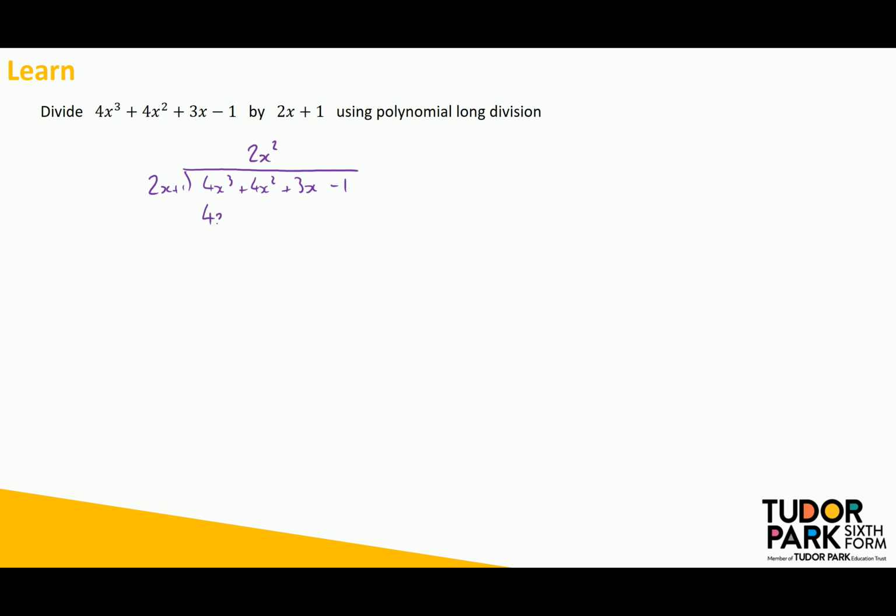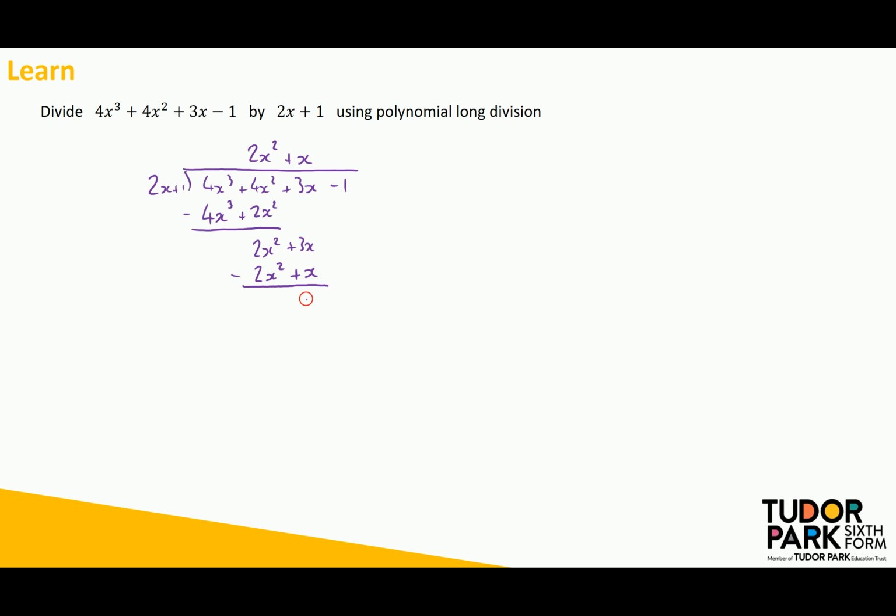That's going to give me 4x cubed plus 2x squared. Subtract leaves me with 2x squared. 2x's into 2x squared goes x times. So now I'm multiplying all of this by x. That's 2x squared plus x. Drop this term down. Subtract.